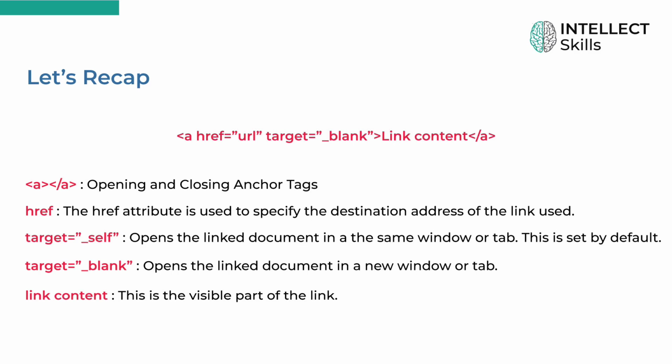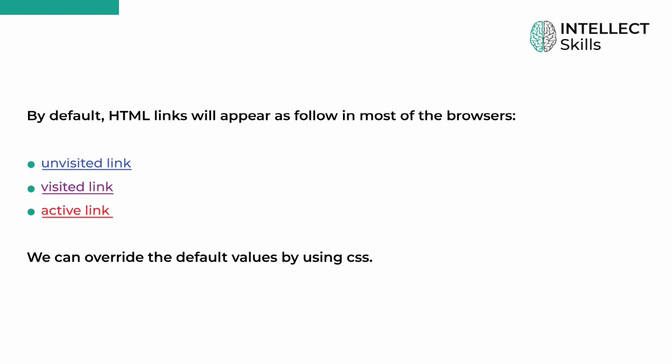Target _self opens the link document in the same window or tab, and this is set by default. So we do not actually need to declare it. Target is equals to _blank. This is used to open the link document in a new window or tab. The link context test is the visible part of the link that would be displayed on our browser.